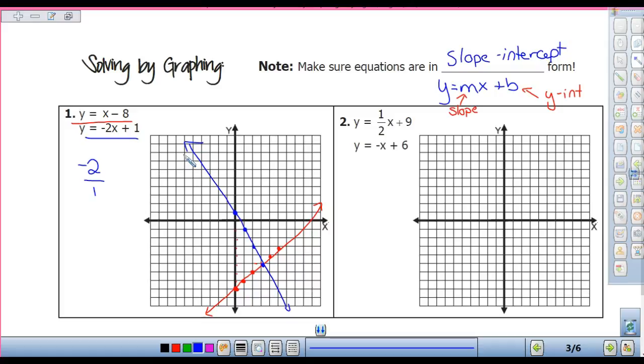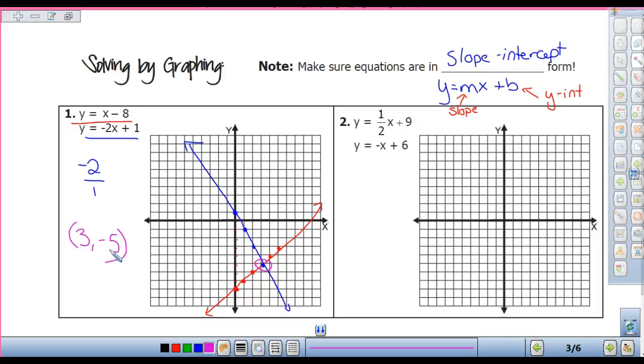Alright, so then you're not done. Okay, I know that we graphed our 2 lines, but we have to state what our solution is. Because they want to know what our solution is. What we do is we write our point where it intersects. Where does this guy intersect? 3, -5.